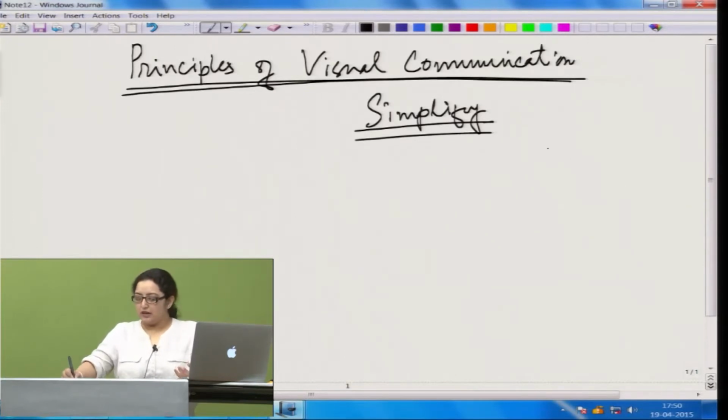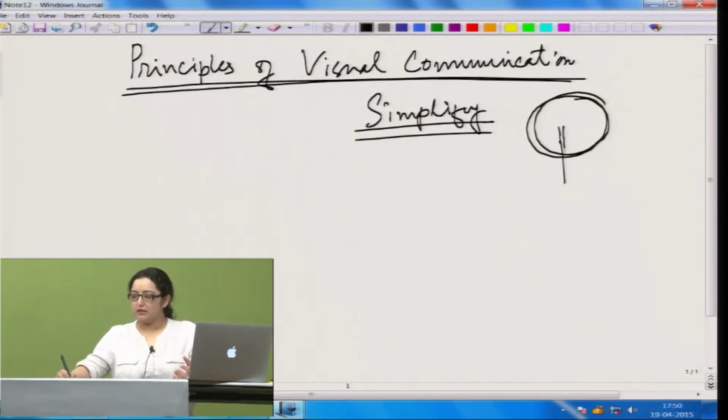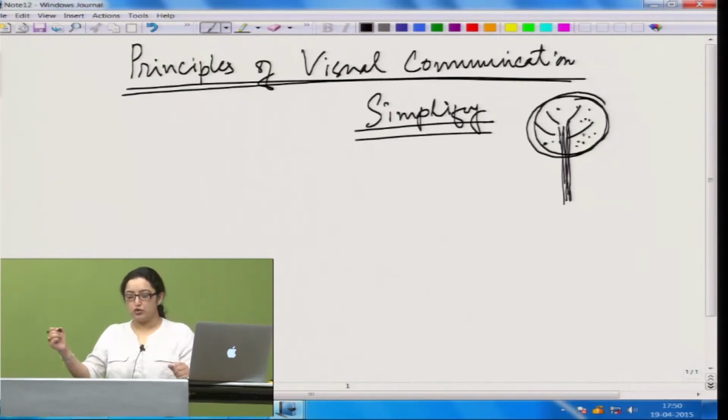So, if you see a tree in nature and you try to artistically show it to make it stylized, it can just come down to a basic circle and a vertical line as its trunk. So, this is also one example of an ideal tree, that how the ideal tree should look like.